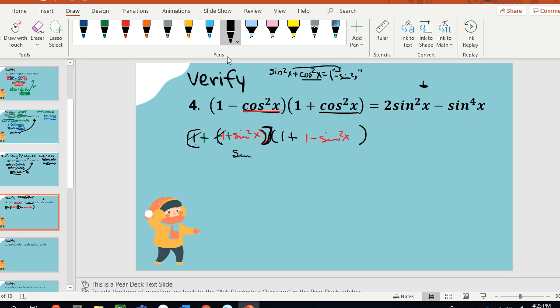And this leaves me sine squared x times, then what cancels over here, these don't cancel. They actually add up. You end up with 2 minus sine squared x. So now I'm going to distribute, and I'm left with 2 sine squared x minus sine to the 4th x.